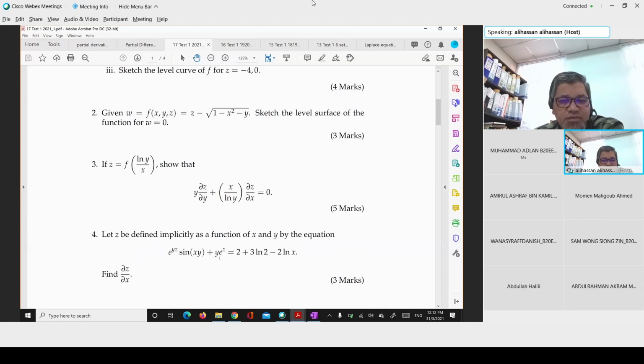It is hopeless to solve for z from this equation. But it's still possible to determine z partial x and z partial y using the chain rule. So let's discuss this topic next.